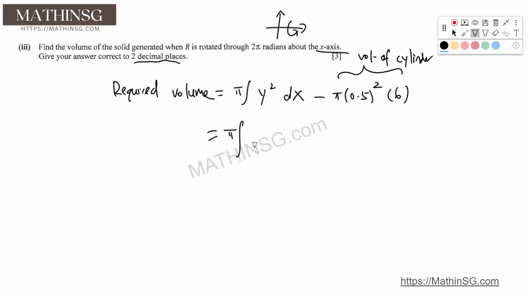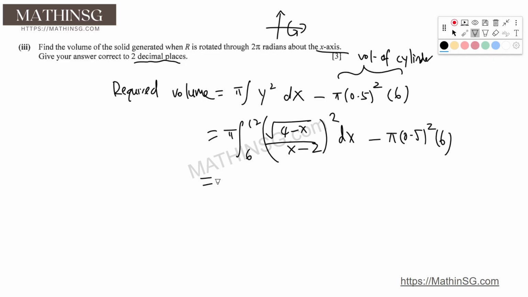So it's from 6 to 12, and y squared is basically the square root of 4 minus x over x minus 2 squared dx. Okay, don't need to simplify because they say 2 decimal places. Once you have written this, type everything into the calculator and you should get 11.04 units cubed when rounded off to 2 decimal places.